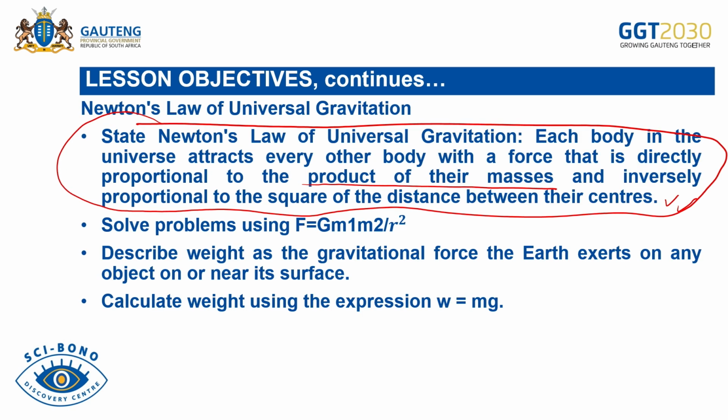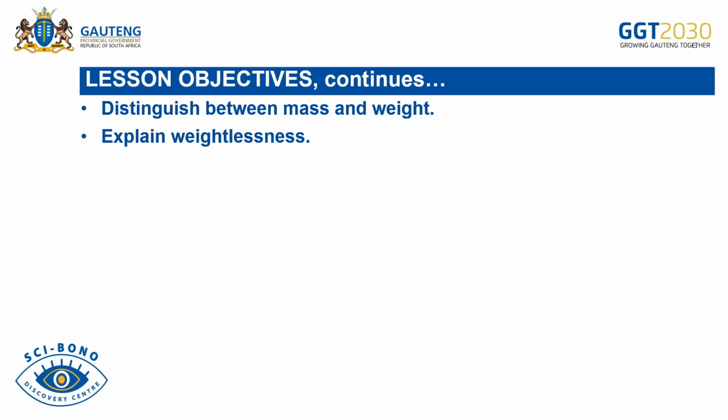And when it comes to Newton's law of universal gravitation, our focus will be stating the law in words and showing the relationship using graphs, and solving problems using the equation F equals G m1 m2 over r squared, then differentiating between weight and mass, and also calculating weight using the equation weight equals mg, and explaining the term weightlessness.